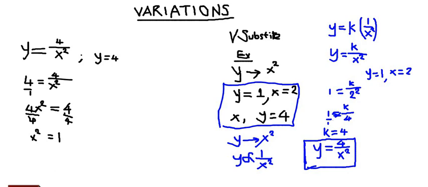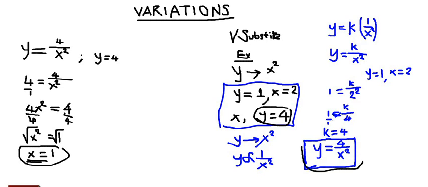So if we are solving for x, we square root both sides, so x will be equal to 1. So in short, when y is 4, the value of x, according to this relation of inverse variation, is 1.